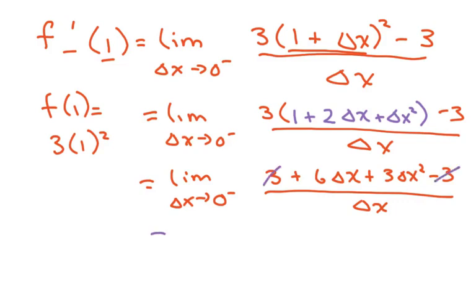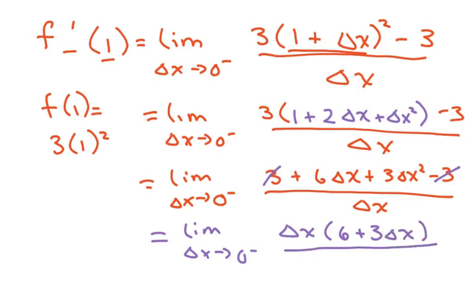I can factor out a delta x. So when I do that, I'm going to get 6 plus 3 delta x over delta x. These two cancel, and when you plug in 0 here, that cancels out, so it equals 6.